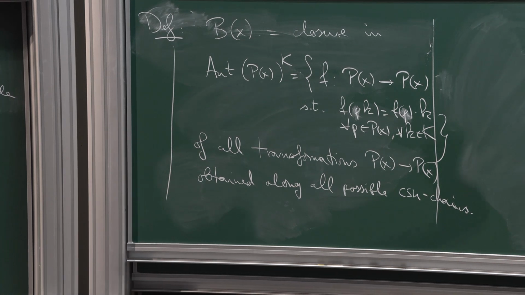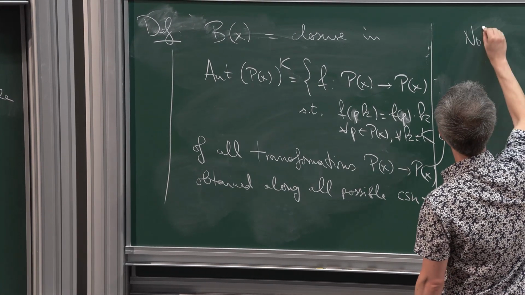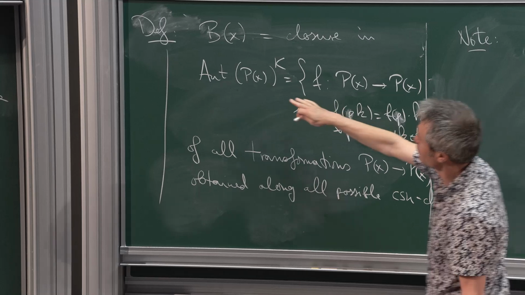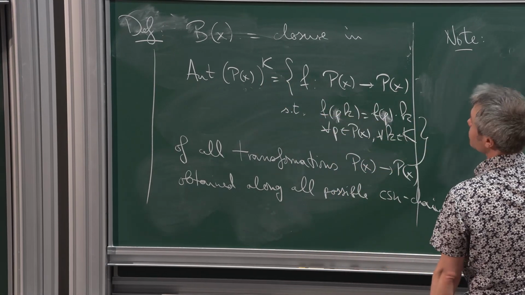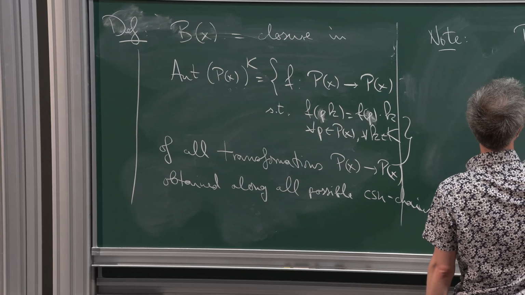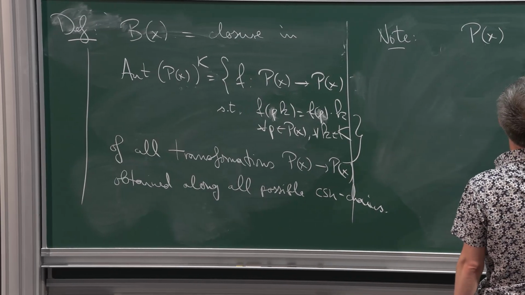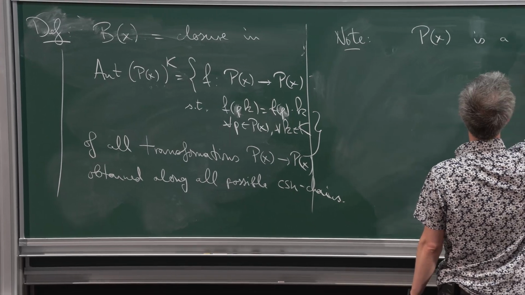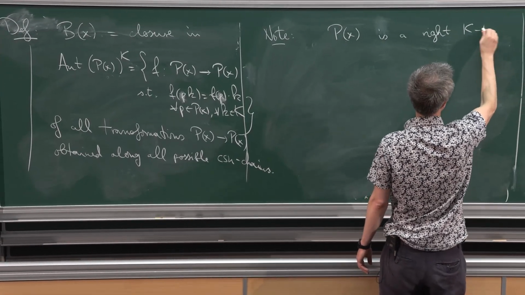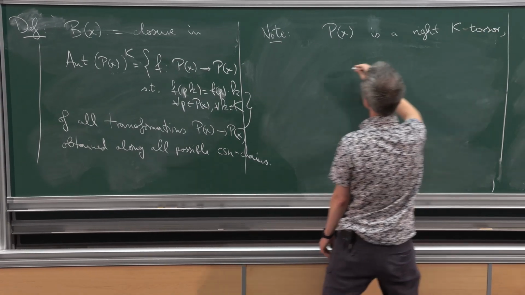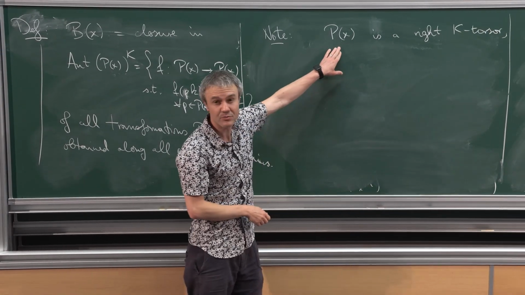So let me note that this group that I wrote over here is a group that's isomorphic to K. So P of x is a right K-torsor, which means that it's essentially like a group without a base point.